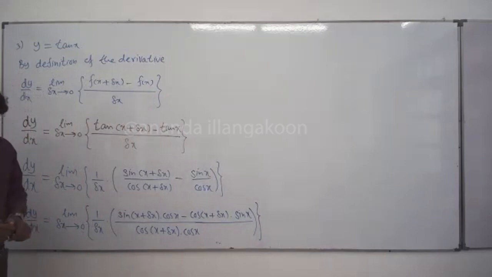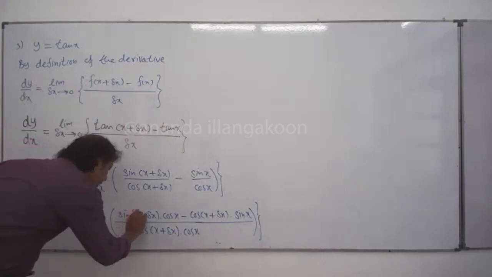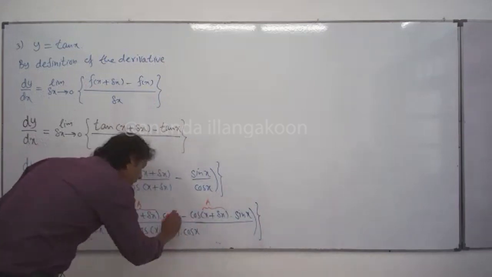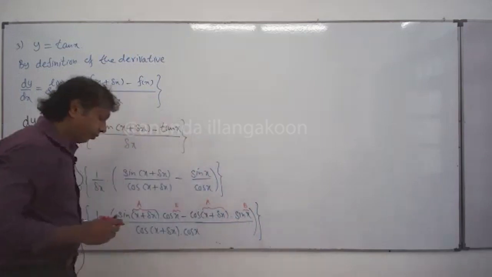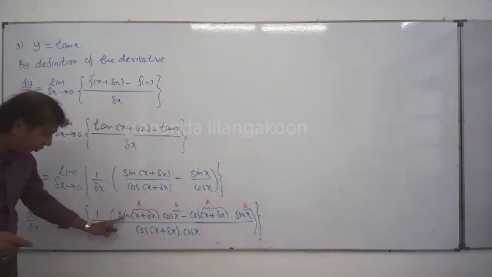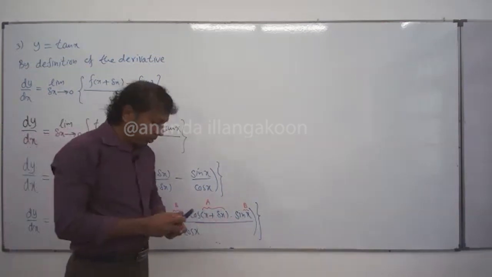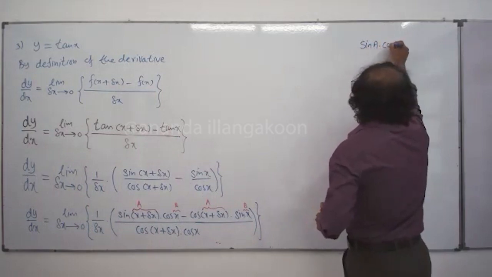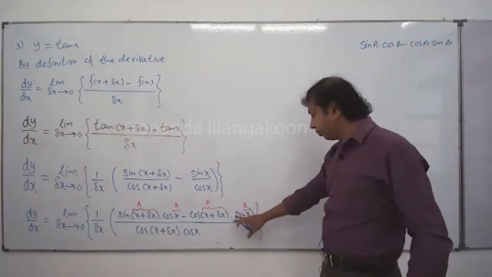Right. People, now here this x plus delta x is an angle, no? This x plus delta x, if I take it as A, here also we have A. This angle x, if I take it as B, this is also B. Then, people, you know, this takes the form sin A cos B minus cos A sin B, within the bracket.